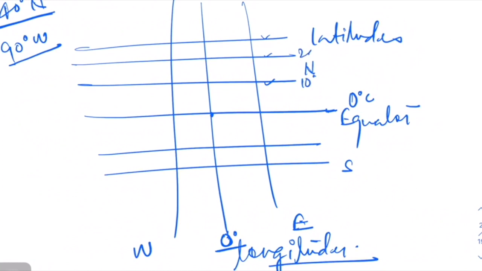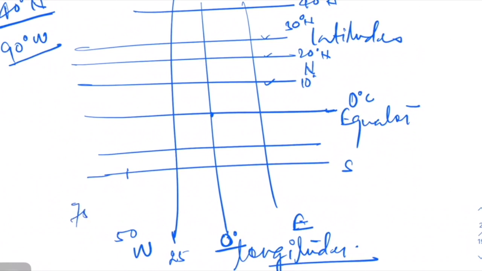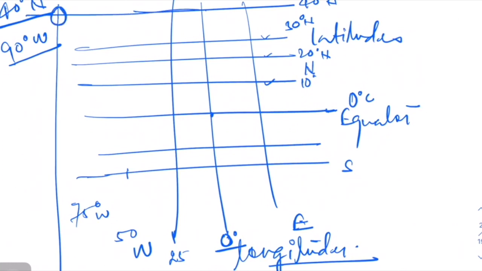This is 10° north, this is 20° north, this is 30° north, and this is going to be 40° north. Then 90° west: this is suppose 25, 50, 75° west, and this line is 90° west. So one guy is sitting here, at 90° west and 40° north. The 40° north line is here, the 90° west line is here. So this is the crossing point, the meeting point of these two longitudes and latitudes. So the guy is standing here.